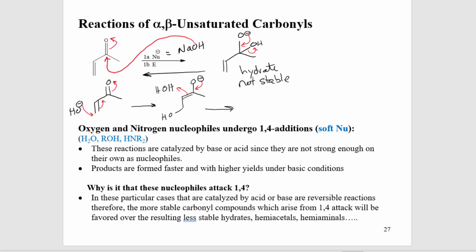This actually gives us a 1,4 addition. So it actually can get someplace other than back to itself. So that's why we end up seeing these 1,4 additions with the softer nucleophiles like water, alcohols, and amines, because 1,2 additions actually don't take us very far very quickly.